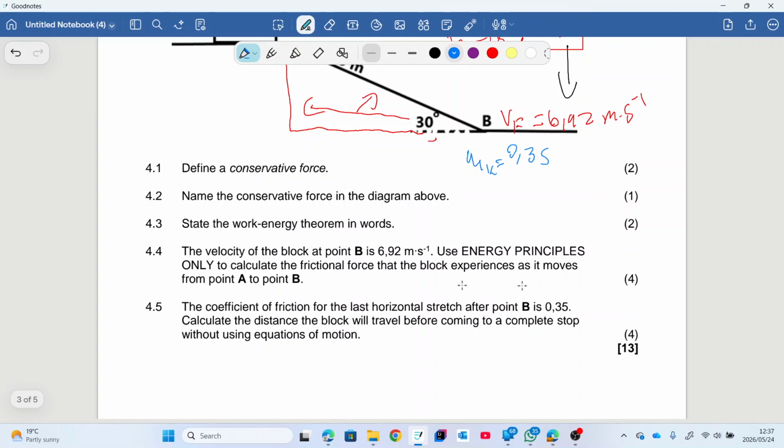Now, calculate the distance the block will travel before coming to a complete stop without using equations of motion. Okay, I'm going to use W net because it uses change in kinetic energy, which has velocity in its formula. So that is my reasoning for using it, because the formula itself relates to velocity. So it makes sense to check where it comes to a complete stop using that one.